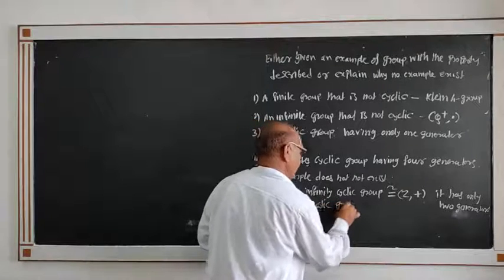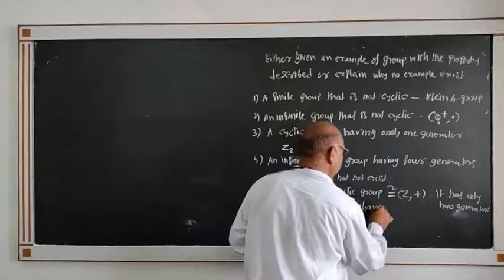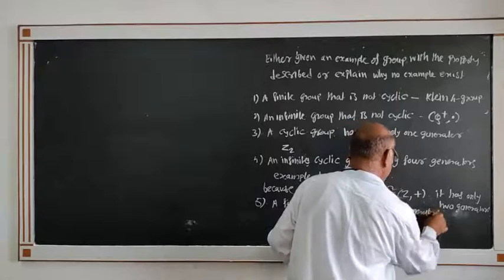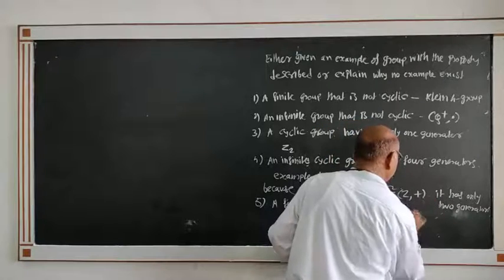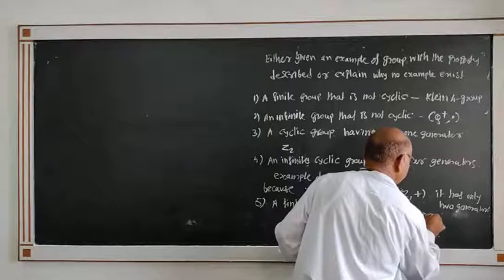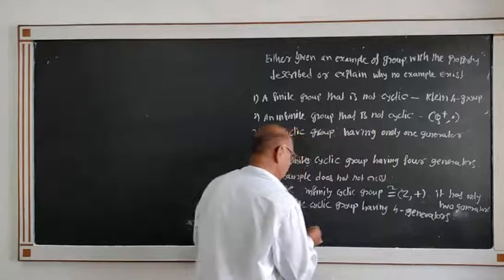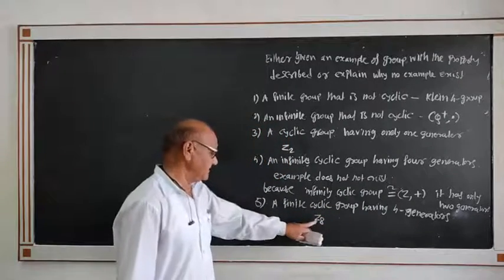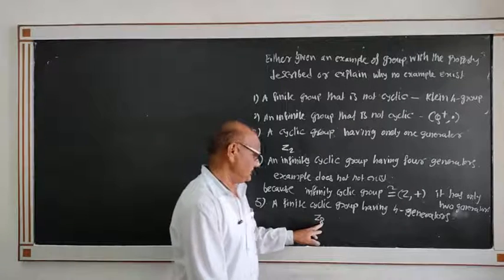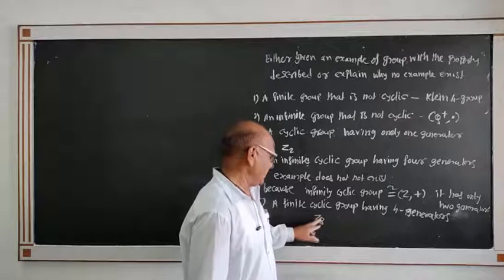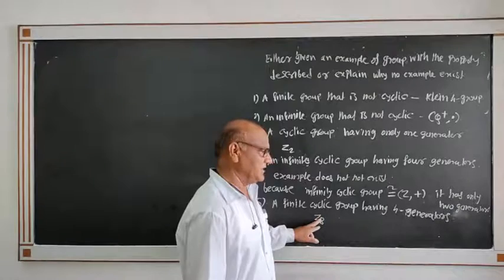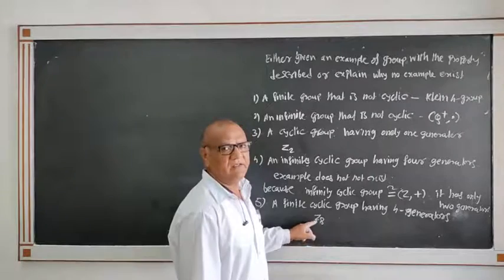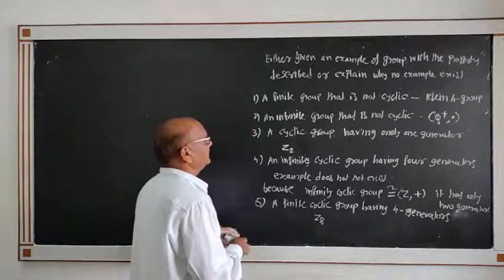That means Z8, and other examples also exist. Z8 is finite and cyclic, generated by 1. 1, 3, 5 and 7 are the 4 generators.